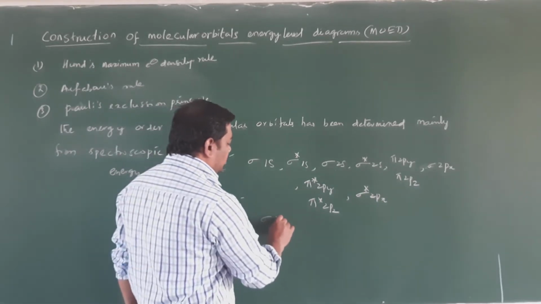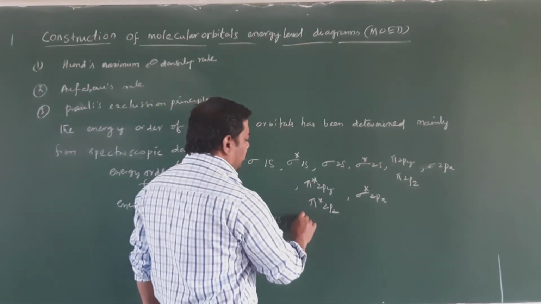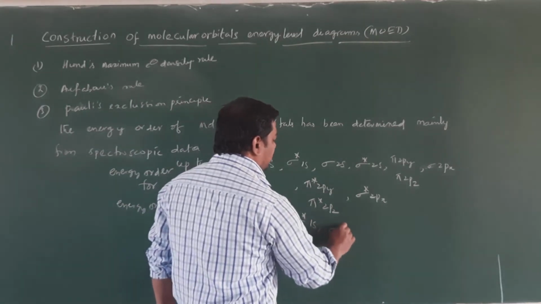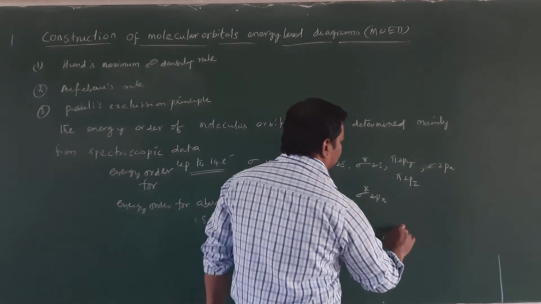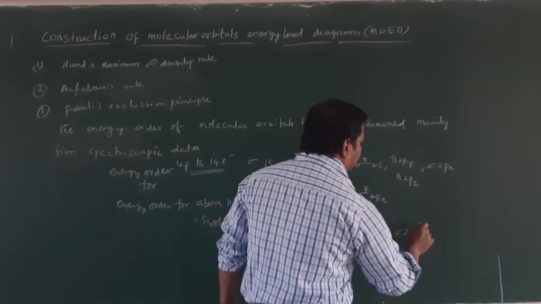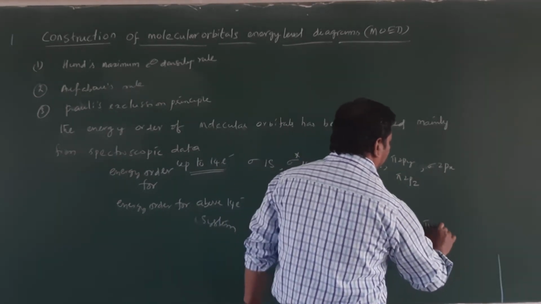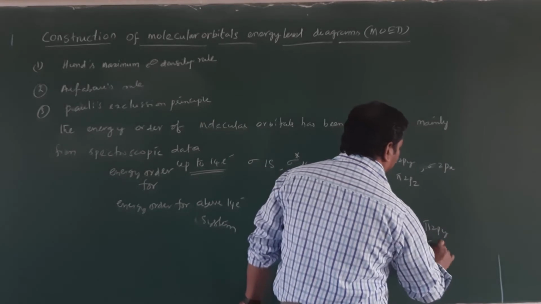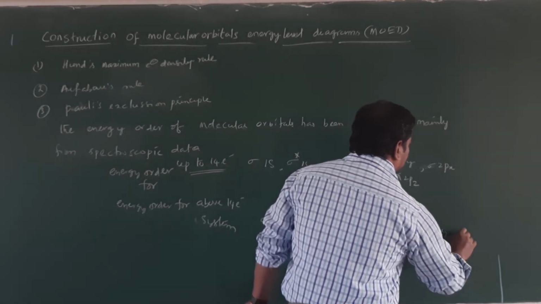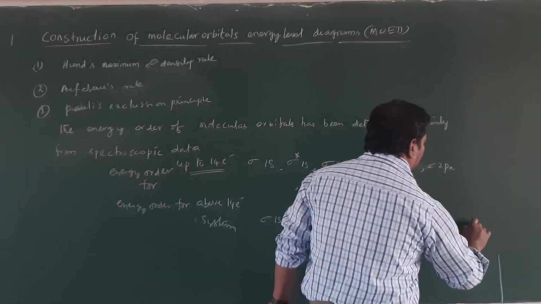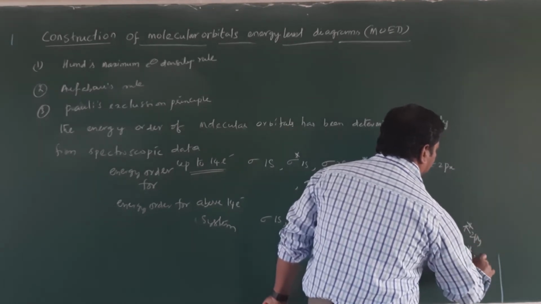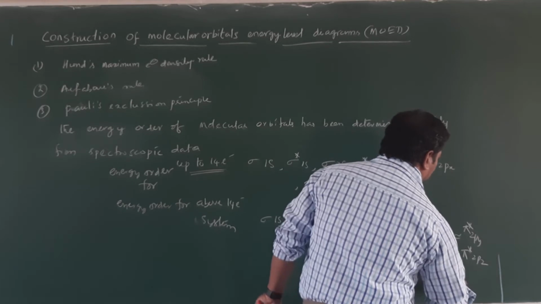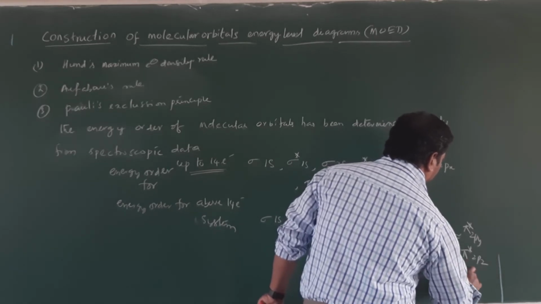This is: sigma 1s, sigma star 1s, sigma 2s, sigma star 2s, then sigma 2px, pi 2py, pi 2pz, then pi star 2py, pi star 2pz, then sigma star 2px.